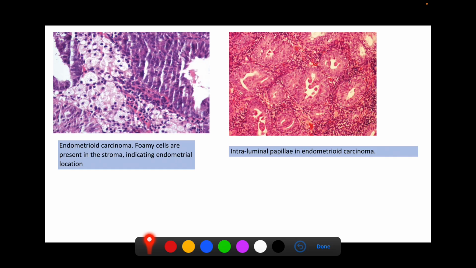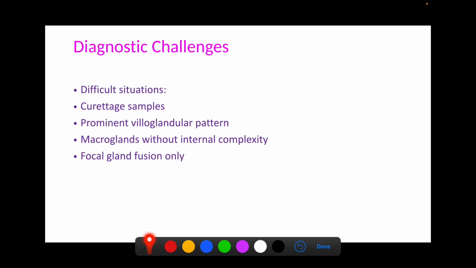If the same features or intraluminal papilla are present and the surrounding gland shows severe atypia or severe nuclear pleomorphism and mitosis, then we have to look for serous carcinoma. Difficult situations may sometimes lead to diagnostic challenges, such as a curettage sample having scanty material or a prominent villoglandular pattern, which can be confused with serous carcinoma.